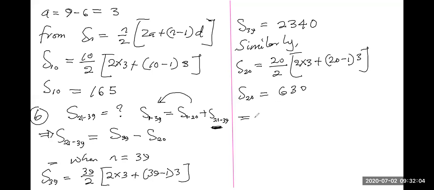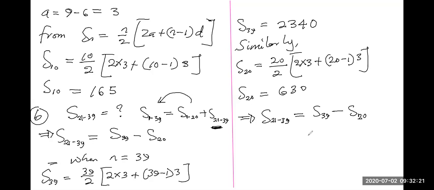So the sum of the 21st to the 39th term they ask us to find is equal to S39, the sum of the first 1 to 39th term, minus the sum of the first 1 to the 20th term.